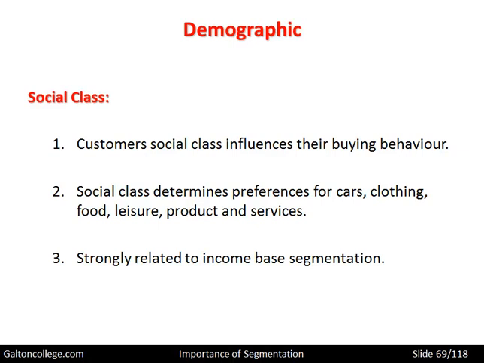It'll determine their hobbies and their interests. It'll determine their friends and family networks and perhaps the area in which they live. It'll influence the type of car they've got and the type of dress they've got and the way they present themselves. And it'll also perhaps be reflected in their level of education. So there are different types of social class that also may be taken into account for segmentation purposes.